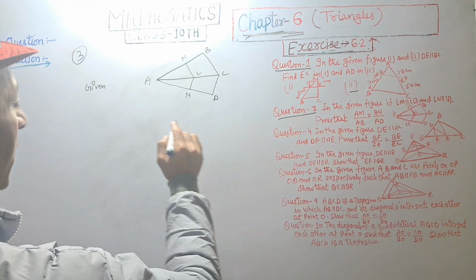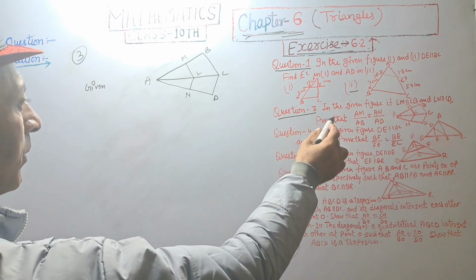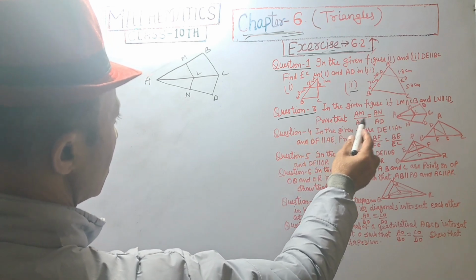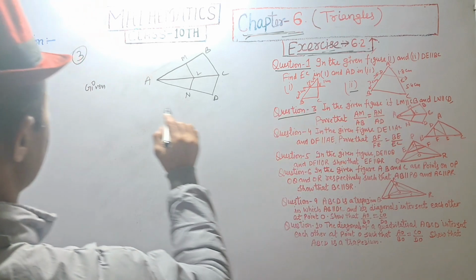We want to prove that AM upon AB is equal to AN upon AD.